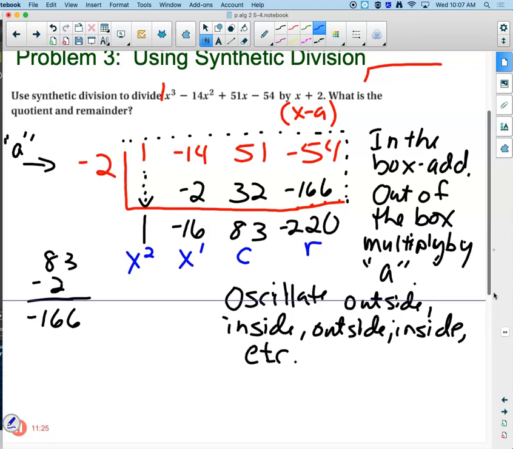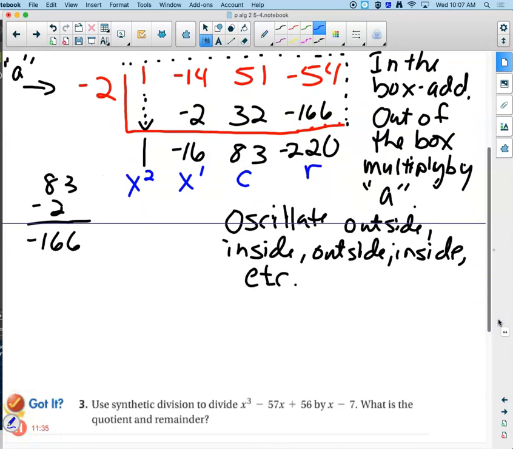That's our answer. So our answer is x squared minus 16x. Oh, I wrote that too high. Again, let me know if people can't see stuff. X squared minus 16x plus 83 minus 220 over, our divisor was x plus 2.